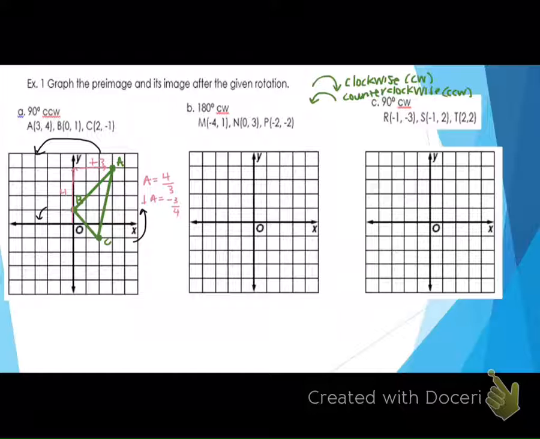Remember, perpendiculars are rotations. 90 degrees means perpendicular. So instead of going 4 over 3, we're going to go 3 over 4. Do you see that's a negative slope there? 3 over 4, and A would end up up 3 over 4 over here.